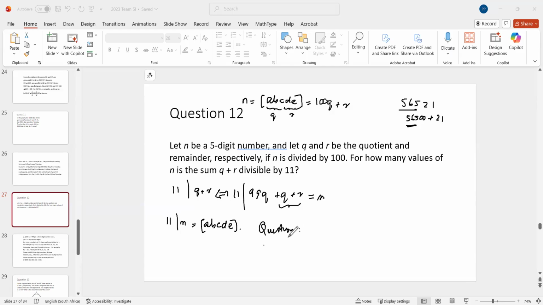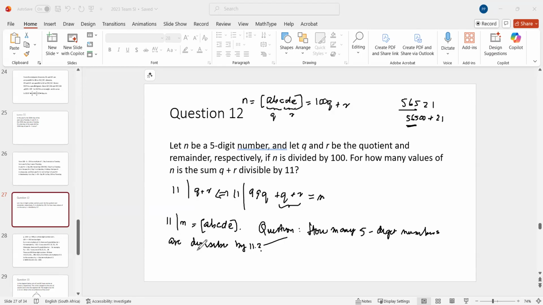Question: how many five-digit numbers are divisible by 11? All right, now, that is the question, because this is a random 5-digit number, but all you want to know is whether 11 goes into it.